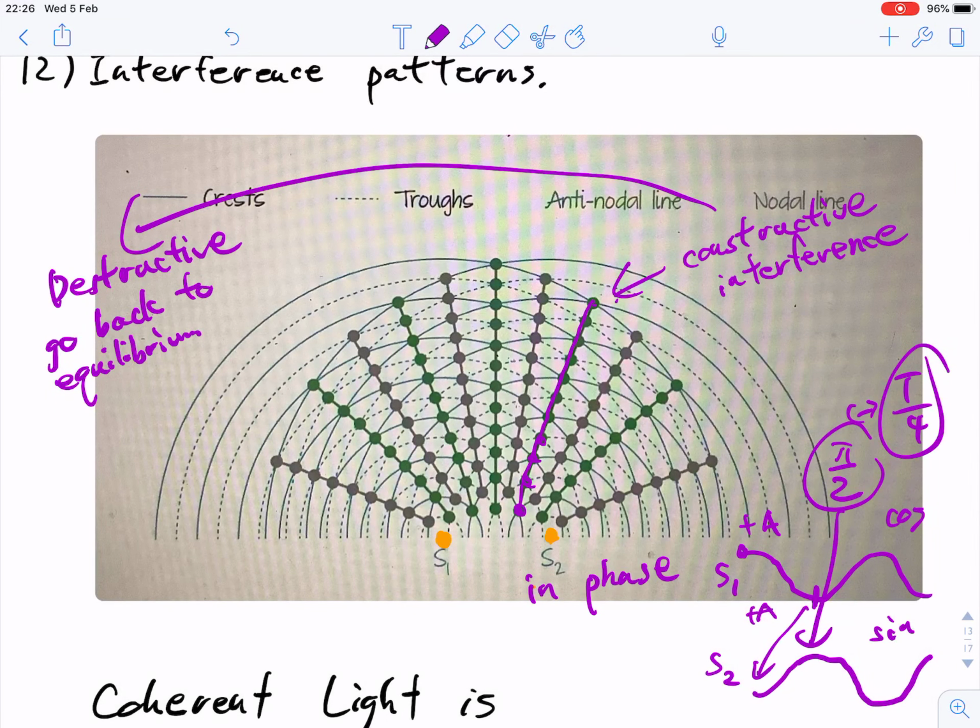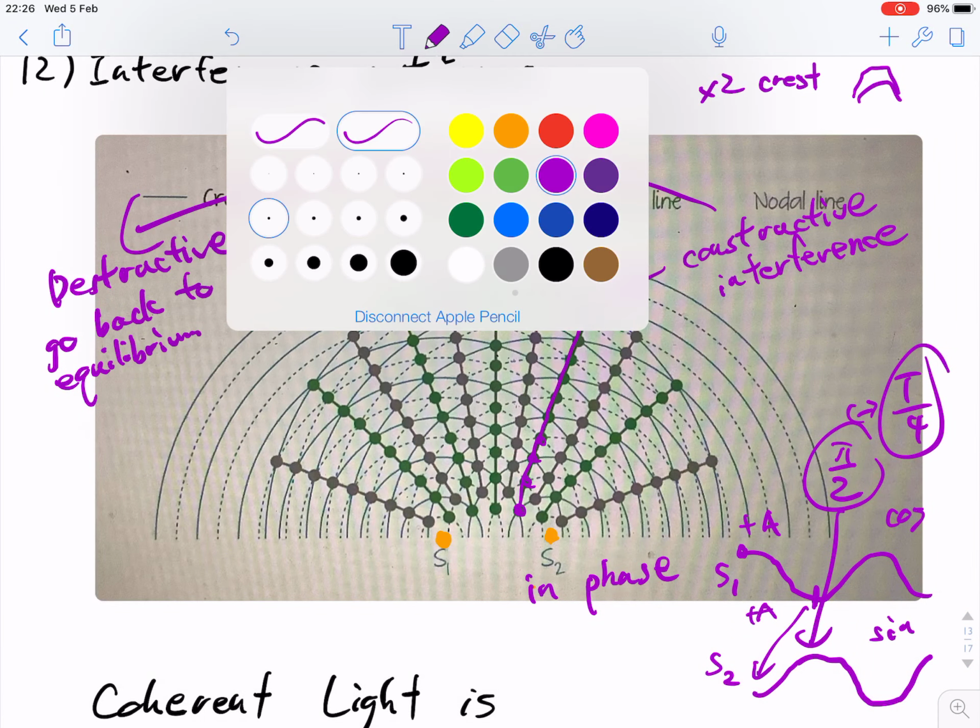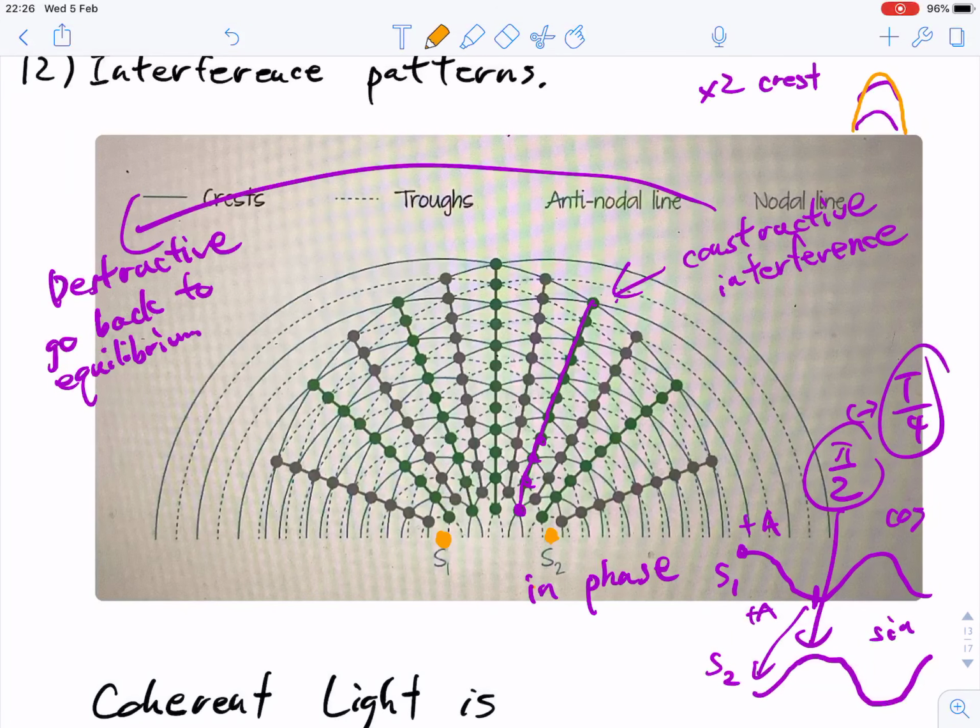There is a double crest, which is a crest on top of a crest, and we saw what this looks like. So a crest on top of a crest creates something that looks like that. We can also have a double trough.